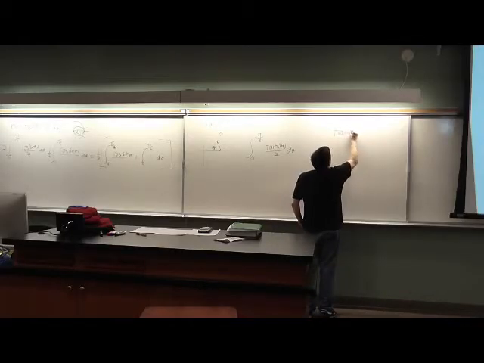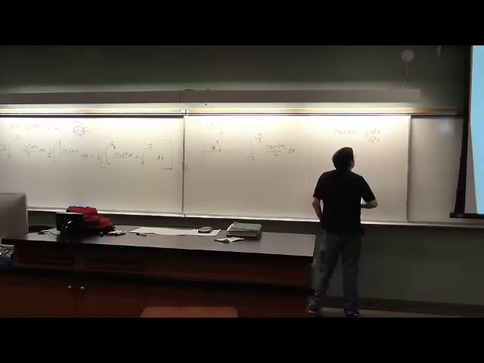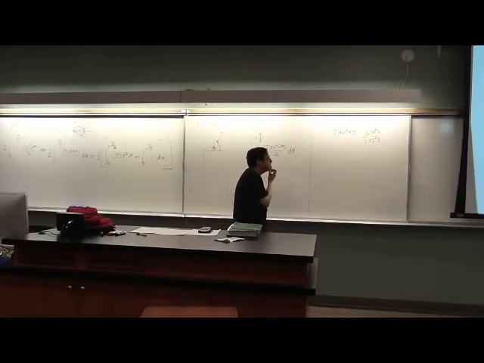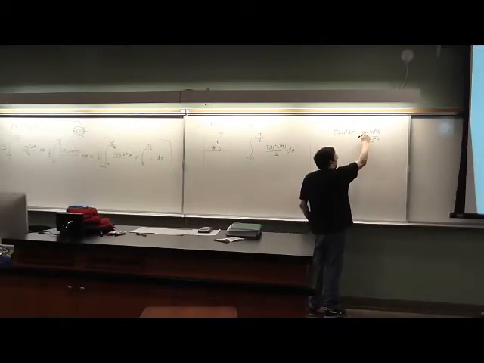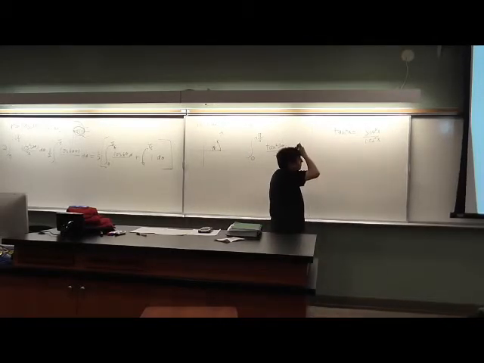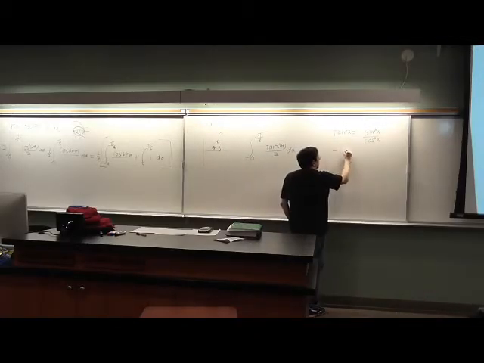You know the tangent squared of x is the sine squared of x over the cosine squared of x, right? We know the sine squared is 1 minus cosine squared x. So that's 1 minus cosine squared x over cosine squared x.